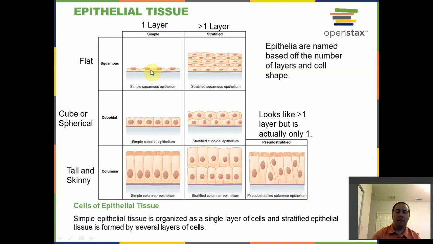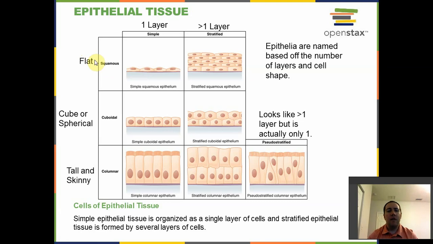Coming back to the simple and stratified, we then give a second word to the name based on the shape of the outermost layer. If the outermost layer of cells is flat, we say it is squamous. Think squamous or squat. If you squat, you get very short, right?